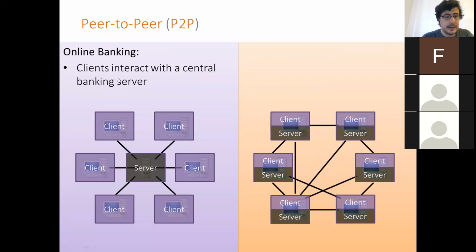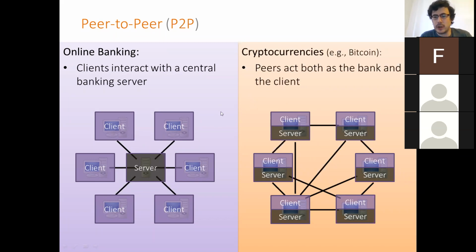In terms of banking, we have online banking. We have a central bank where clients interact with a central coordinating server, the bank, because we have our bank and we have all the clients, customers using the bank, the central location. The peer-to-peer version of that would be something like a cryptocurrency based on blockchain, right?